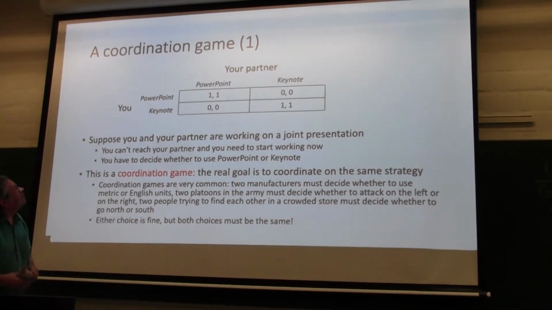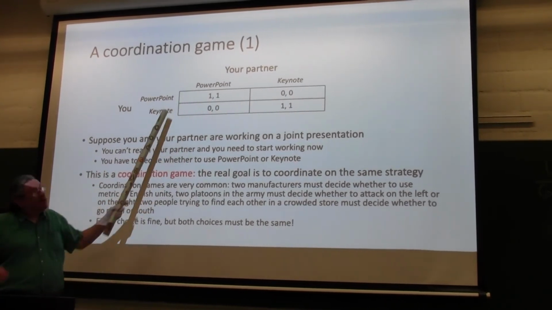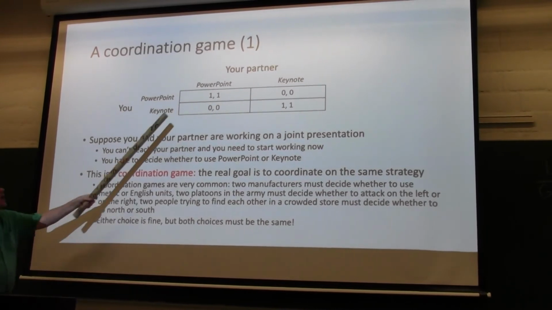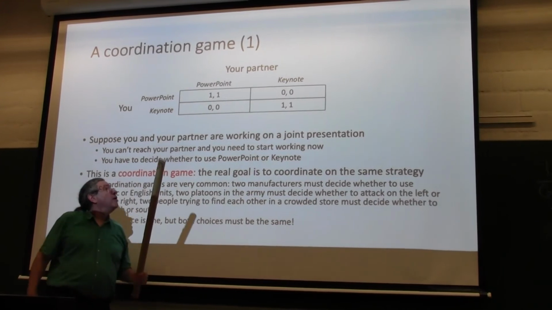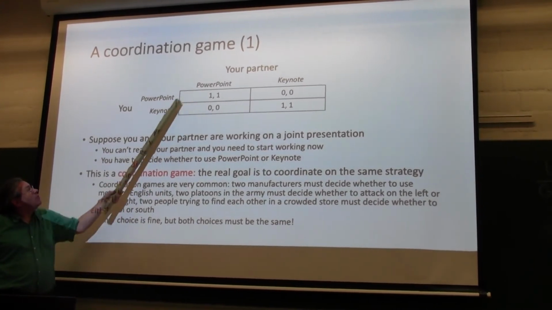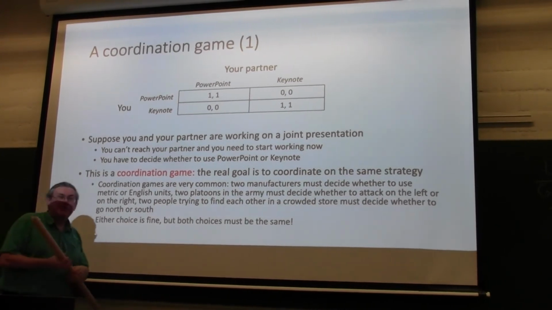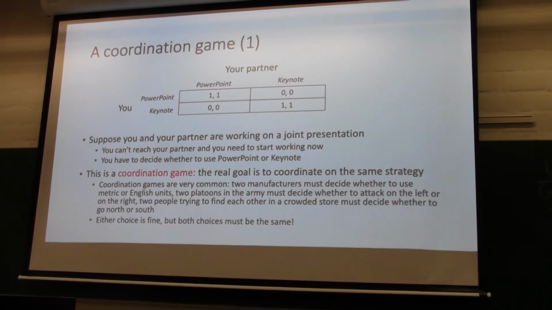So here's the payoff. If both partners pick PowerPoint, then everything's good, because you can merge the slides, 1-1. Everybody benefits. If both pick Keynote, it's good. But if one picks PowerPoint and the other picks Keynote, then there's no advantage. You have to redo the work, or things get messy.